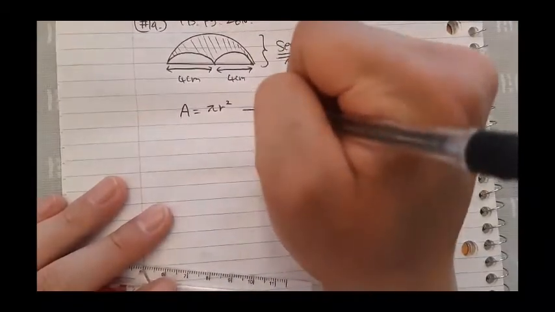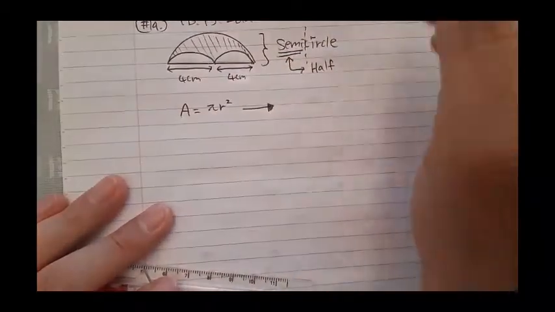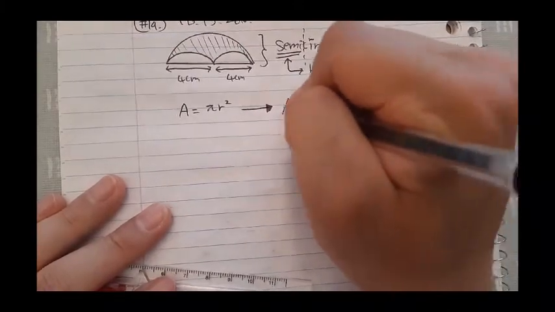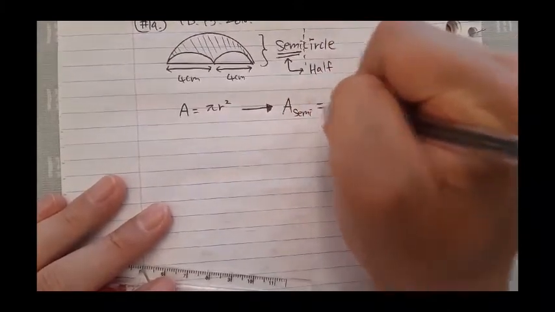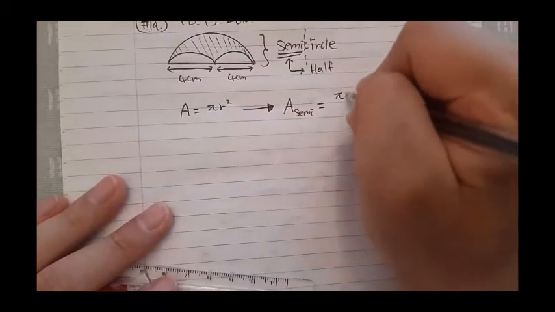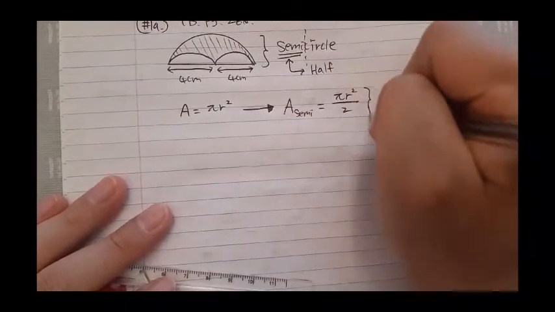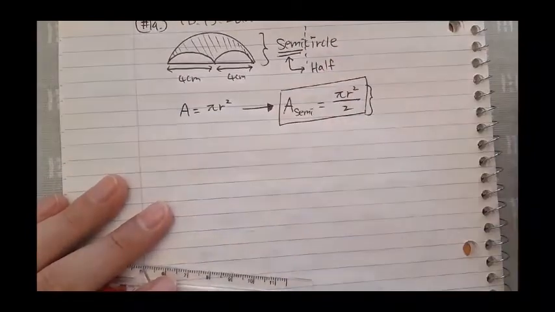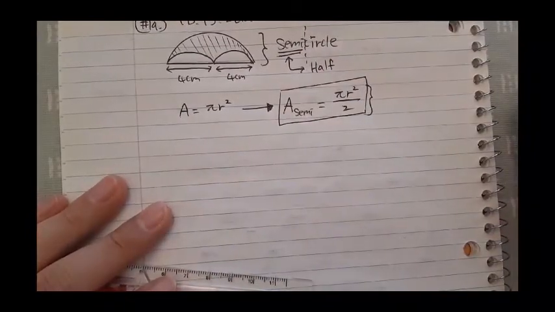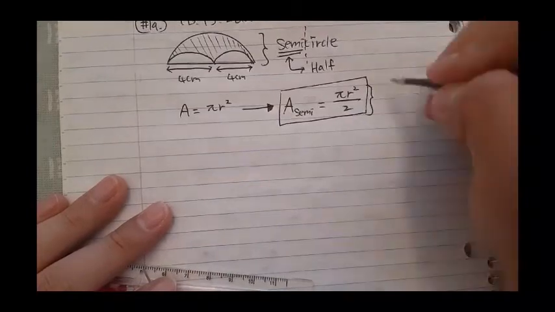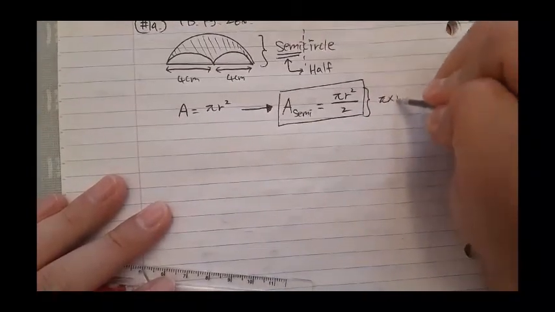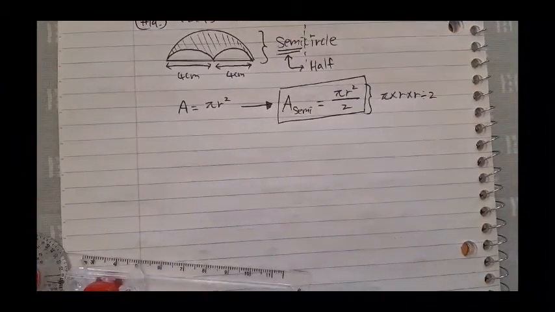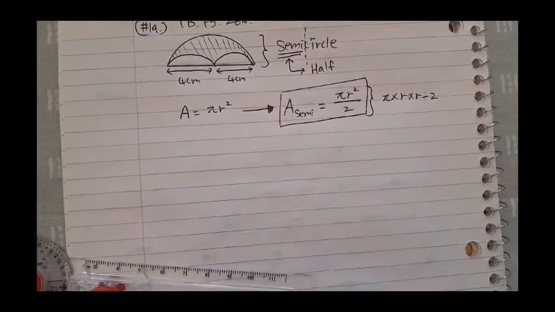But if I modify this formula for the semicircle situation, you divide it by 2. So the area of a semicircle is pi r squared over 2. That's basically what you can put in your calculator.